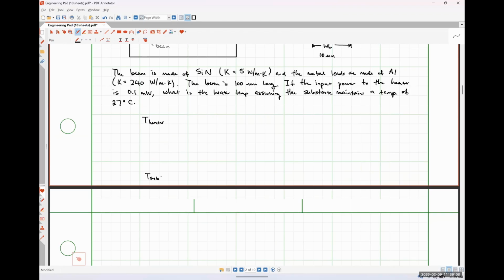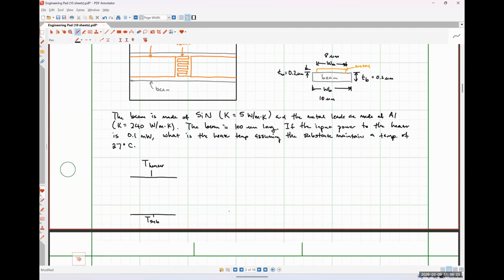Connected between these 2 points in our circuit, we're going to have some thermal resistances. If we look from our heater towards the outside, on the left-hand side I'm going to see a metal strip between the heater and the substrate, and the beam, or half of the beam, between the heater and the substrate.